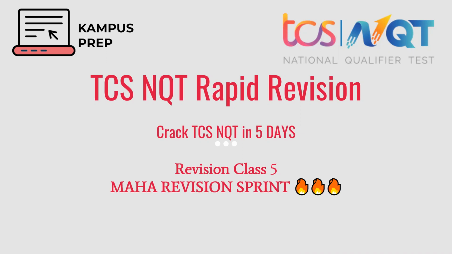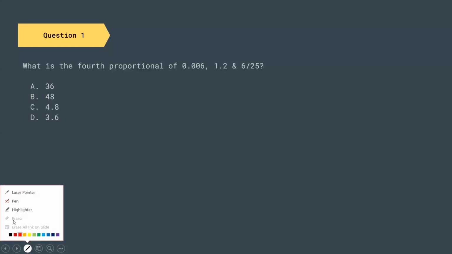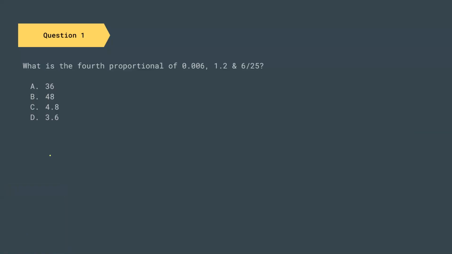So this is our first question. Let's look into our first question. What is the fourth proportion of 0.006, 1.1 and 6 by 25? Let us first understand what they mean when they say fourth proportion.